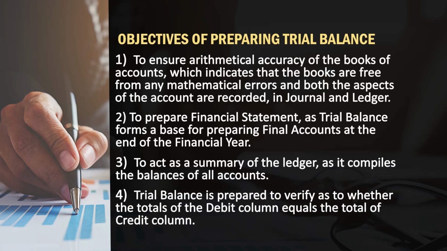So, therefore, the trial balance acts as a summary of the ledger, showing which accounts have debit balances and which accounts have credit balances. The next one is that the trial balance is prepared to verify whether the total of the debit column equals the total of the credit column.